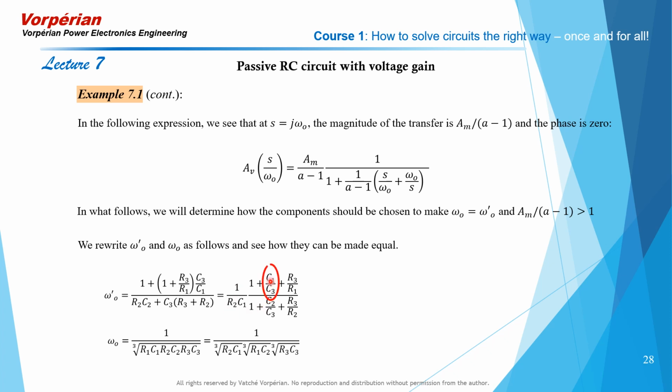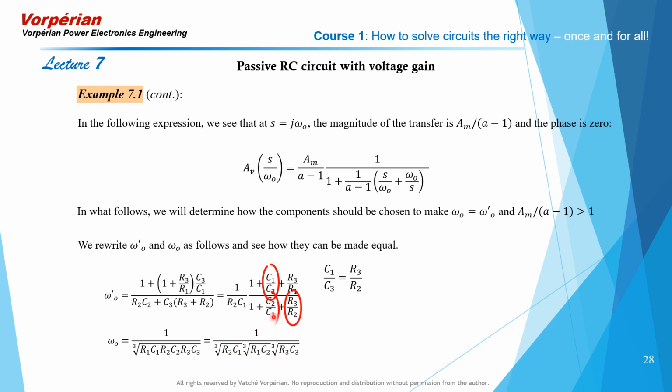If I make C1 over C3 equal to R3 over R2, then I get R2C1 equal to R3C3. And that's here, R2C1 equals R3C3.